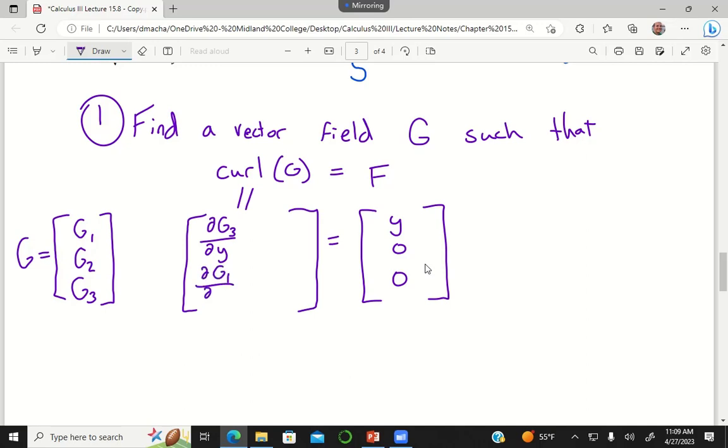Then minus the partial of G2 with respect to z, minus the partial of G3 with respect to z, and then minus the partial of G1 with respect to y.